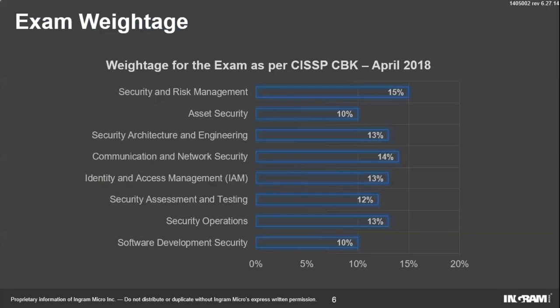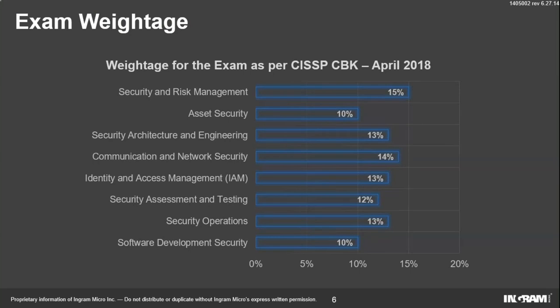All right, this is the different weightage for CISSP. These are the 8 domains of CISSP. Security and risk management is the first domain, which carries around 15%. That is one of the most important domains, which is the reason why it carries 15%.